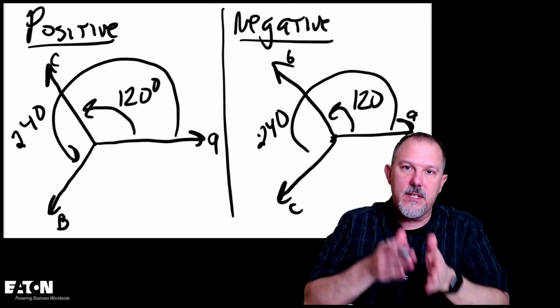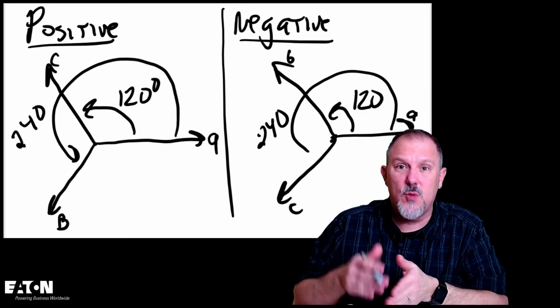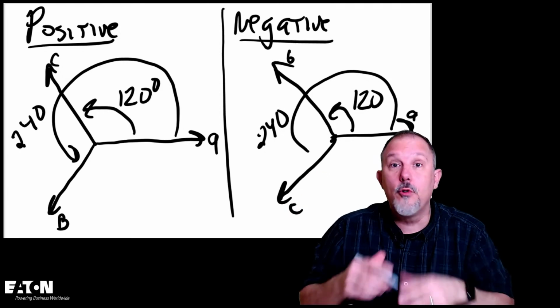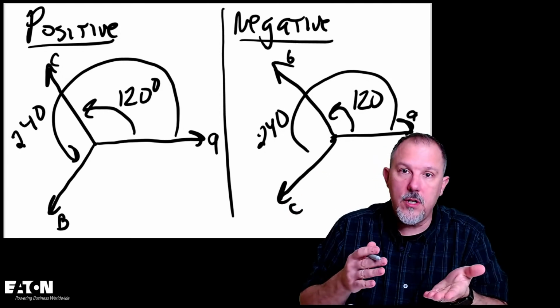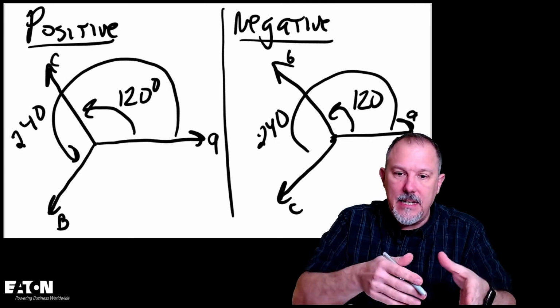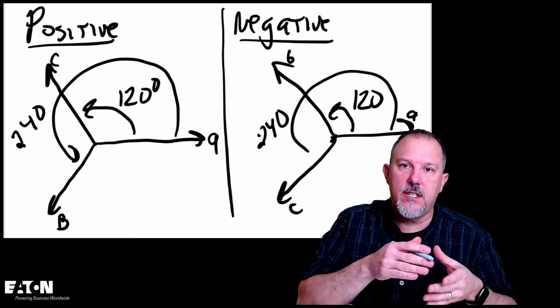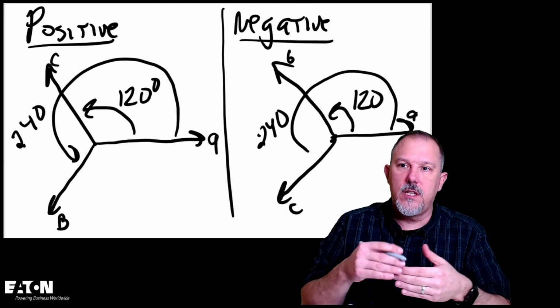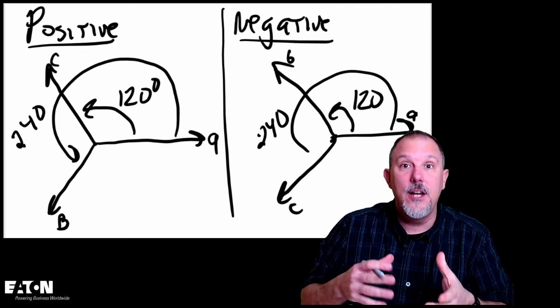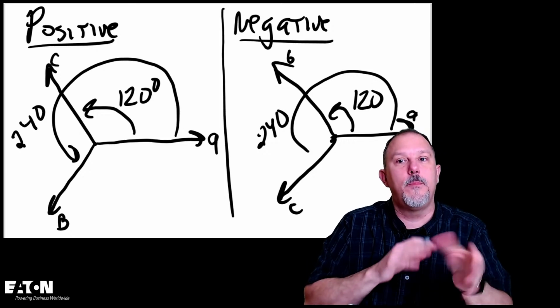Positive and negative sequence was first, I would say, discovered or used with regard to motors, in understanding the heat generated in a motor, because they noticed that there was this other sequence of currents that could flow that could create heat, which was in a different phase rotation than the positive sequence.